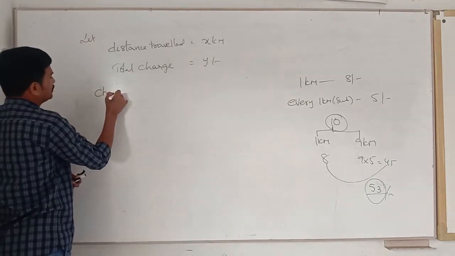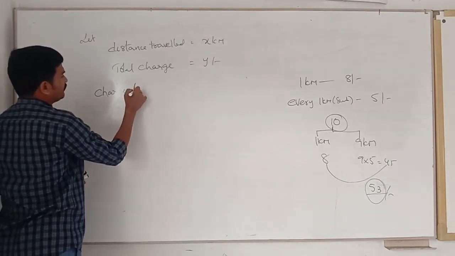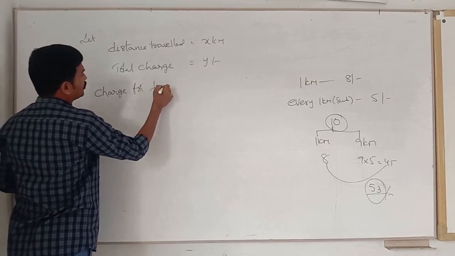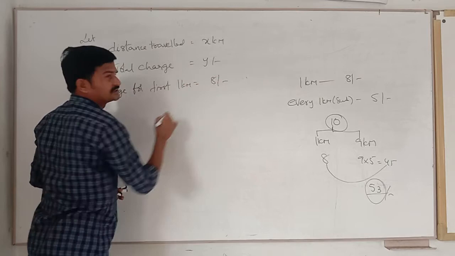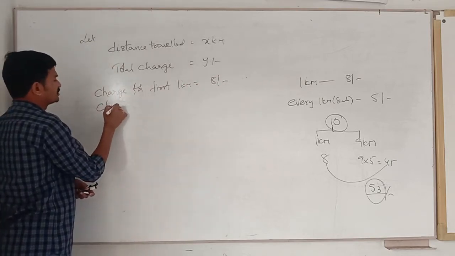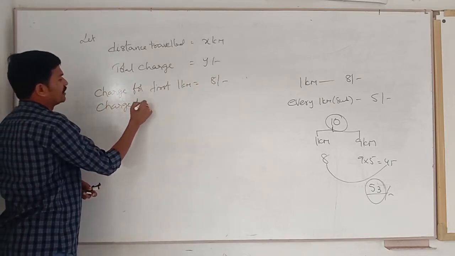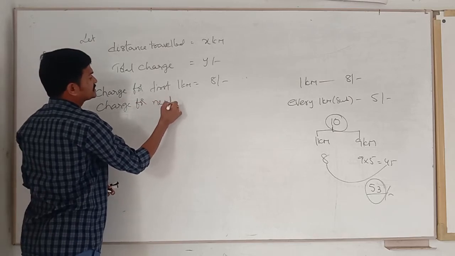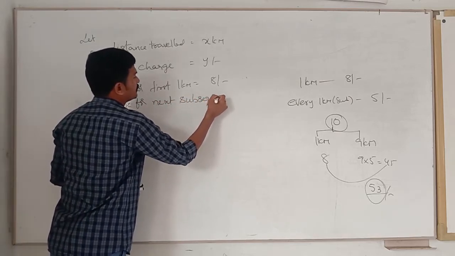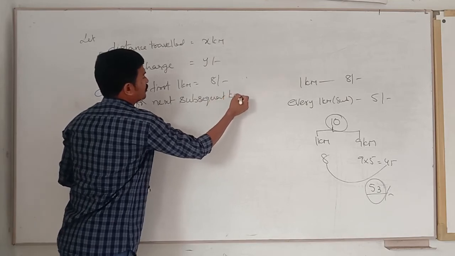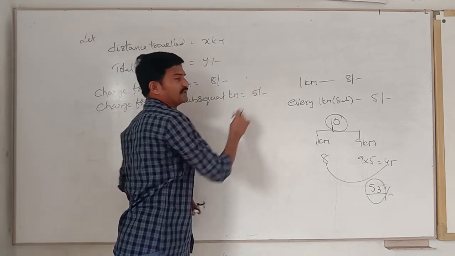Charge for first 1 kilometer. How much is it given? 8 rupees. Charge for next subsequent kilometer. Subsequent kilometer equals to 5 rupees.